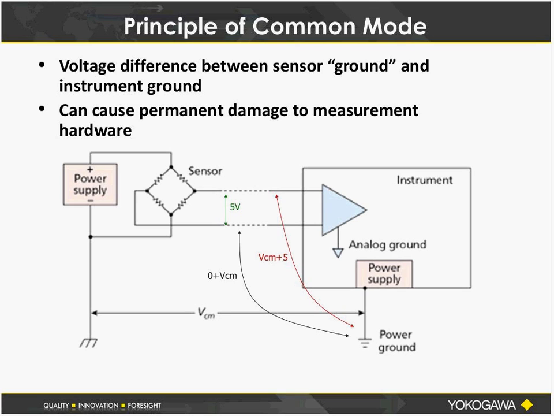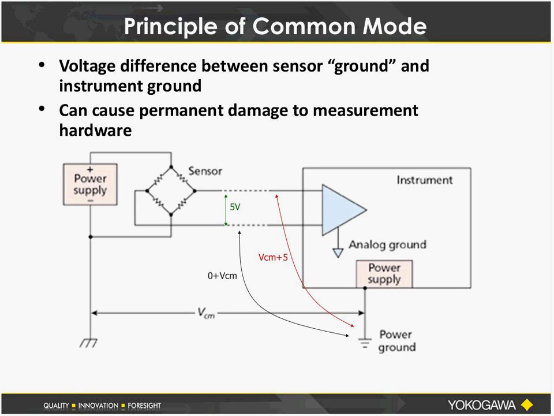And the thing about common mode voltage is it's not always constant. It can be DC, it can be AC, or it can be all over the place. So you never know exactly what that common mode voltage looks like, but you'll know it's there because it will either create noise or potentially damage your instrument.